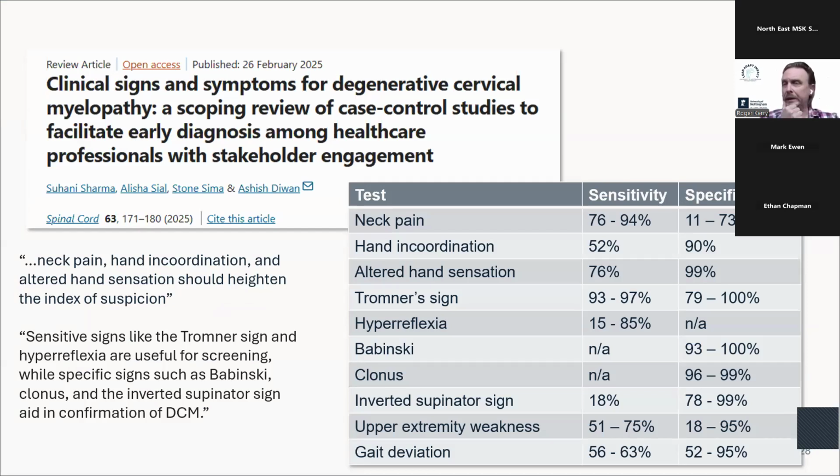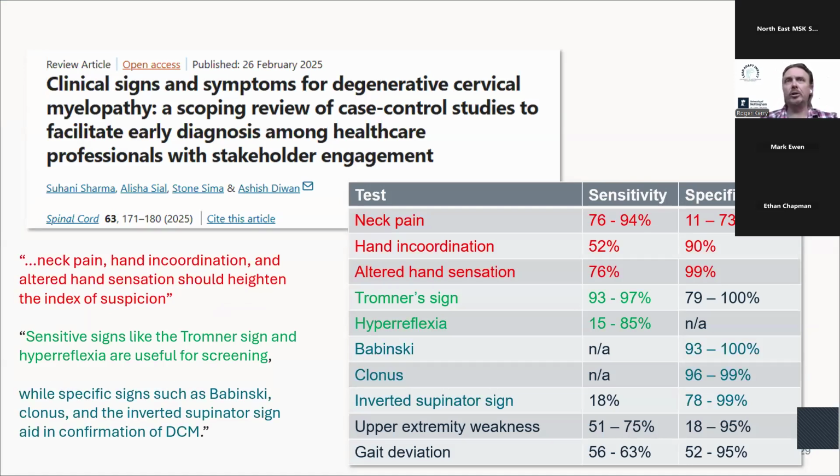That scopes all the data and systematic reviews on this, and we have got some clues of what to do there. So we've got some tests with great sensitivity and specificity, to rule in or rule out DCM.